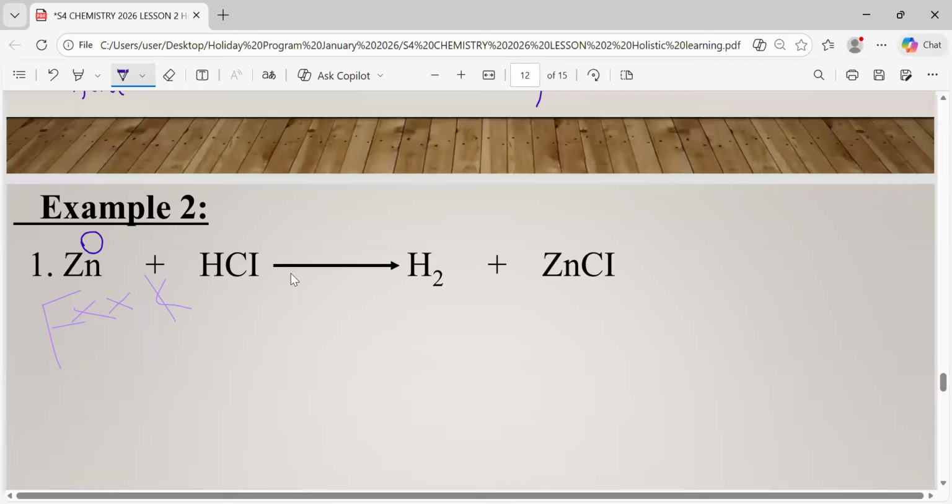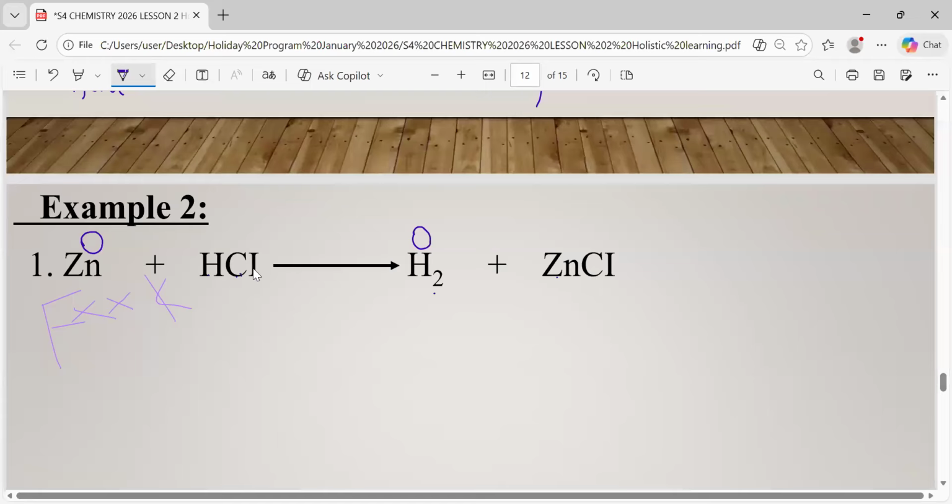Then which other one is a free element in this equation? Hydrogen. So I believe you mean this one. Yes. So even this one, its oxidation state becomes 0. Now, our task is to determine the oxidation state of hydrogen in this compound, chlorine, and also zinc in the compound zinc chloride.